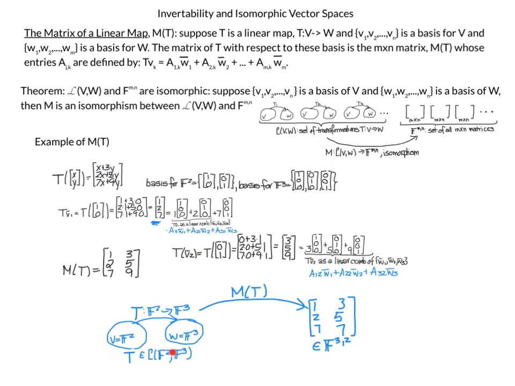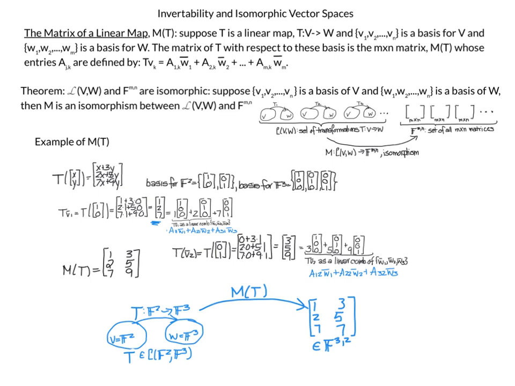There's a whole bunch of other linear maps, but we're only talking about this one example, which is in this space here. Then over here, we have the space of matrices, and there's a whole bunch of matrices, but we're going to focus on this one matrix for now. So the matrix that we got, the 1, 2, 7, 3, 5, 9, is in the space of 3 by 2 matrices.